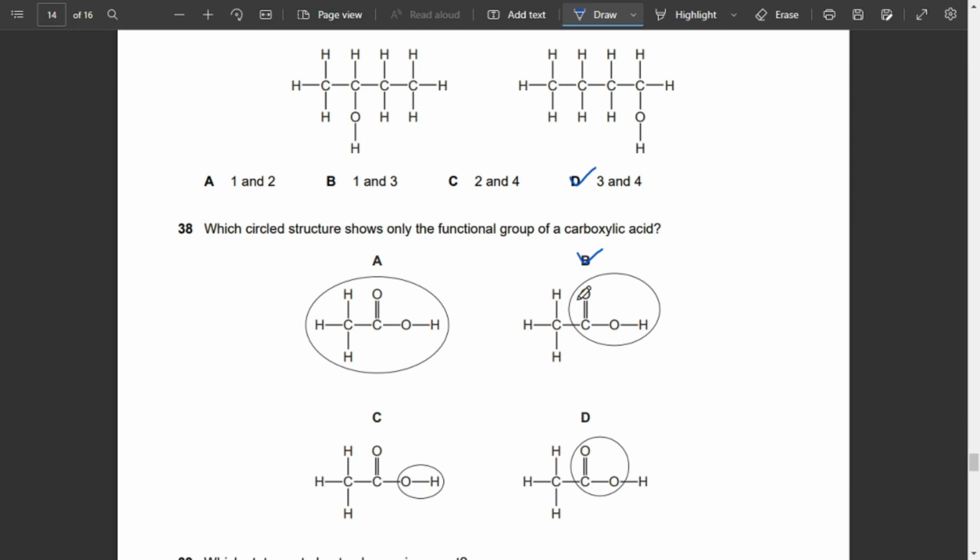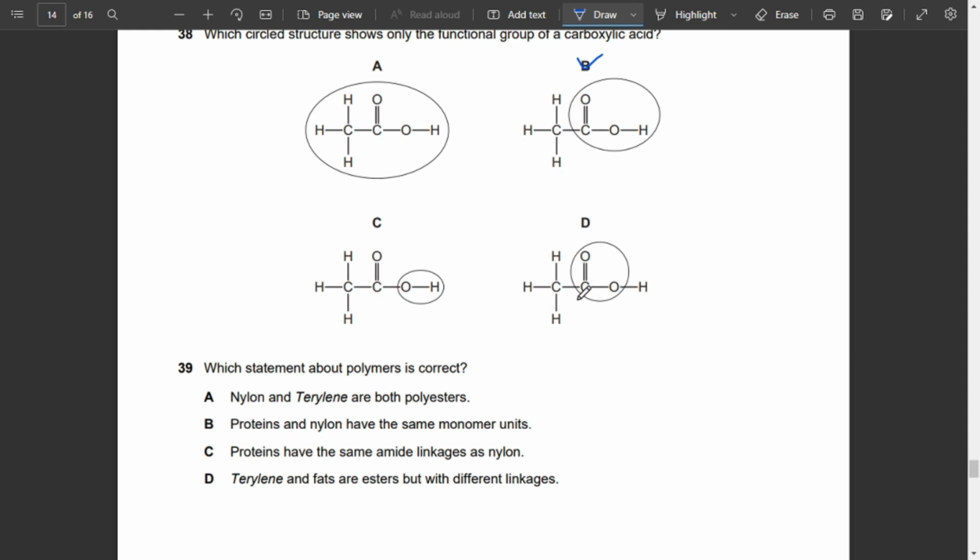So for this the answer is going to be B. MCQ 39, which says which statement about polymers is correct? Nylon and terylene are both polyesters. No, they're not polyesters. Moving on to B, proteins and nylon have the same monomer units. If we look into this, no, it's not correct.